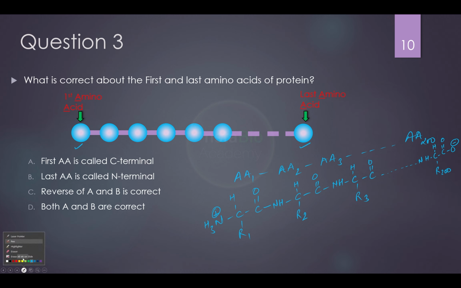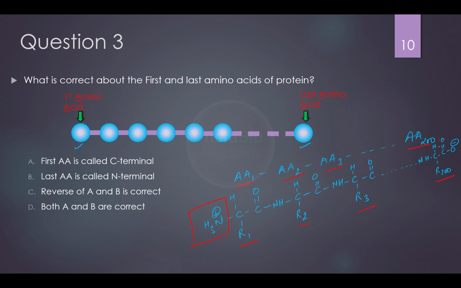Now let me highlight this. R1 is representing amino acid 1, R2 this, R3 this, and R200 this. Now if you see in this primary structure of protein, at the very first amino acid, the amino group is free, NH3 plus.